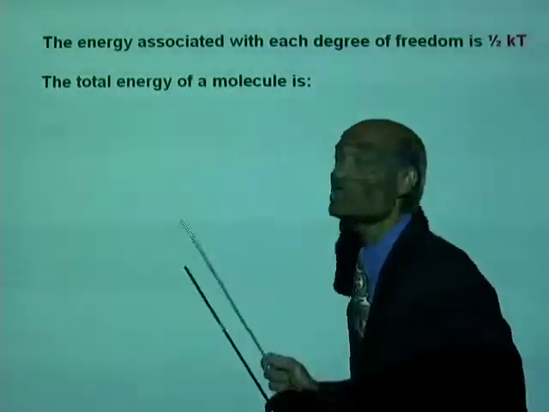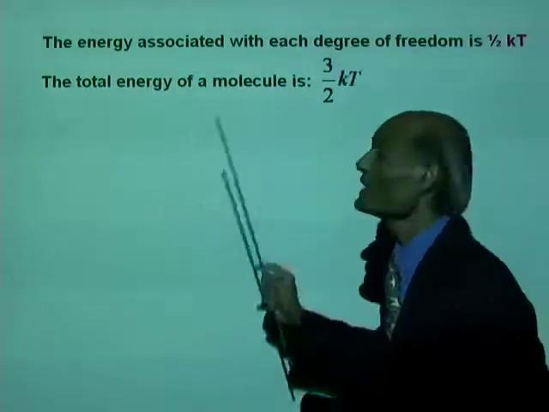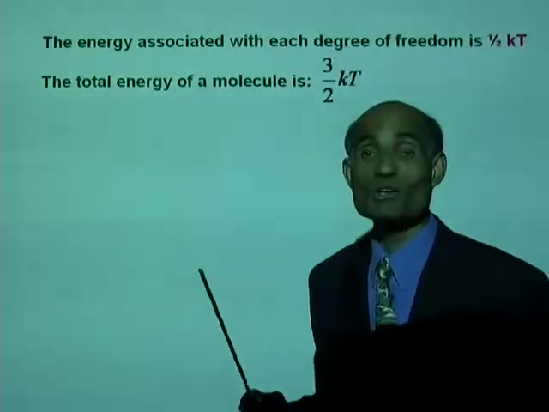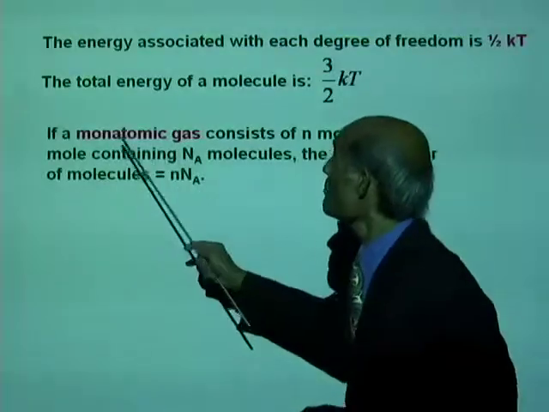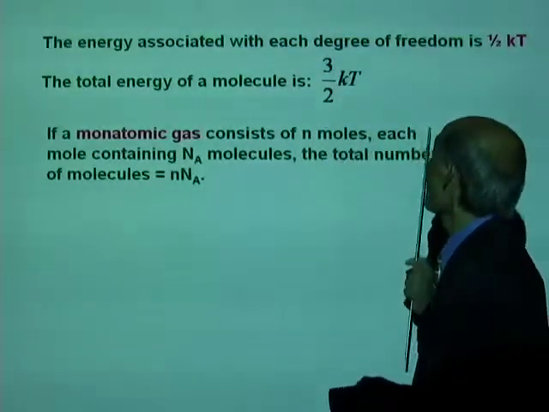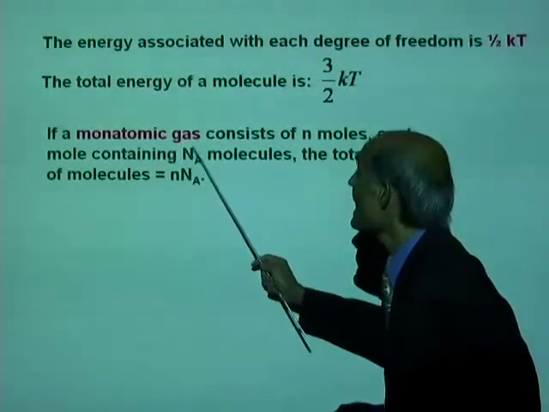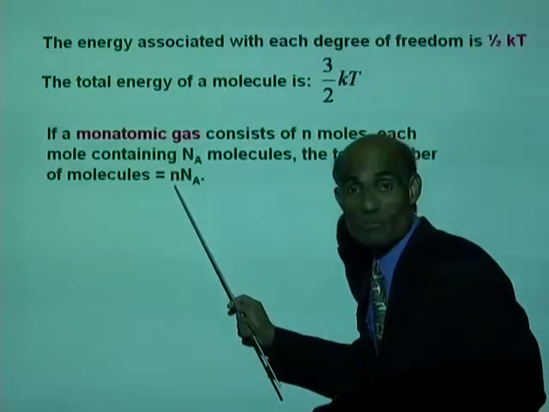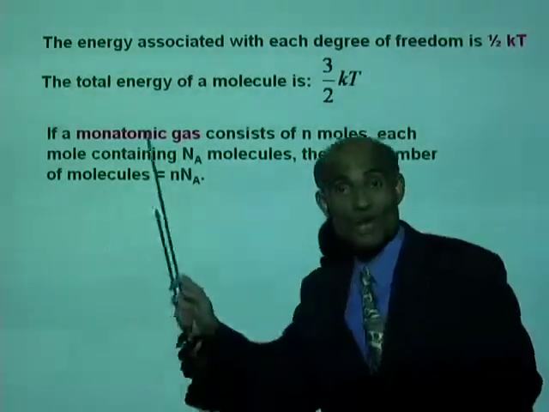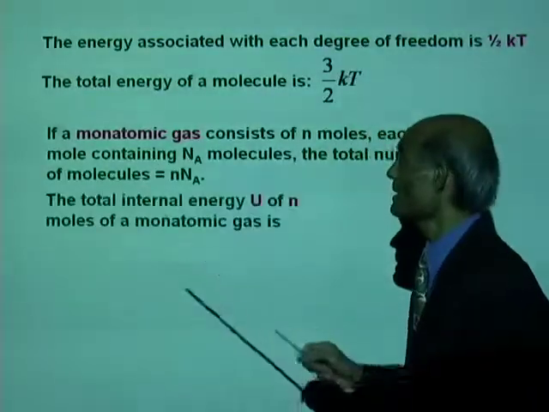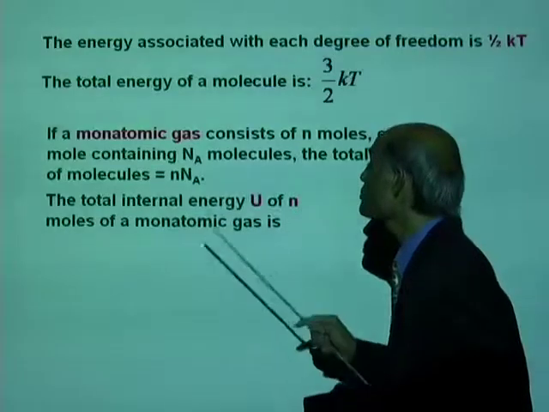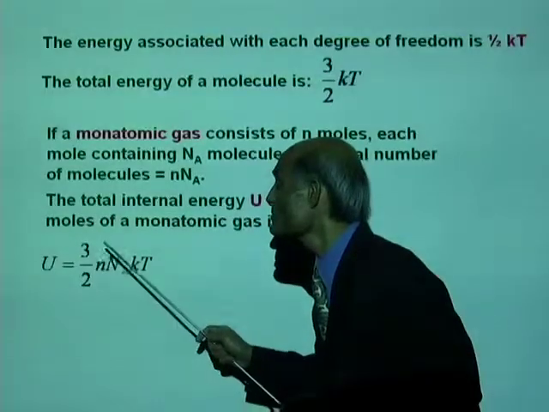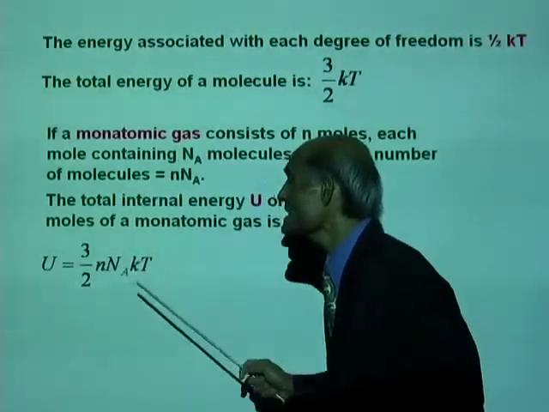Therefore, the total energy of a monoatomic molecule is 3/2 kT. And that is what we based our theory on specific heat on. If a monoatomic gas consists of n moles, each mole containing Na molecules, the total number of molecules will be number of moles times the number of molecules per mole. We have seen that earlier. So the total internal energy U of n moles of this gas is U equal to 3/2 n Na kT.